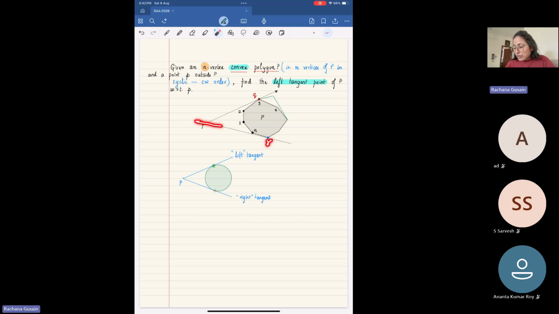Even if you take this point R, both these points are in the left half. So the only point that satisfies the property that both of its neighbors lie to the right of this line PQ is the left tangent point and no other point.